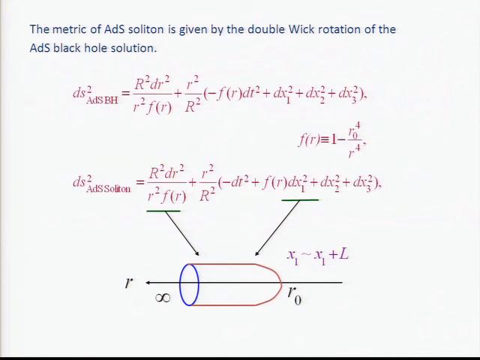We extend t and x1, putting i, and we get this background. Now the factor f(r) is mapped to these spatial directions. This thermal circle shrinks at r0. Originally this is the horizon, but now this circle is just really a spatial circle. At this point, spacetime is really terminated, as described in the picture.